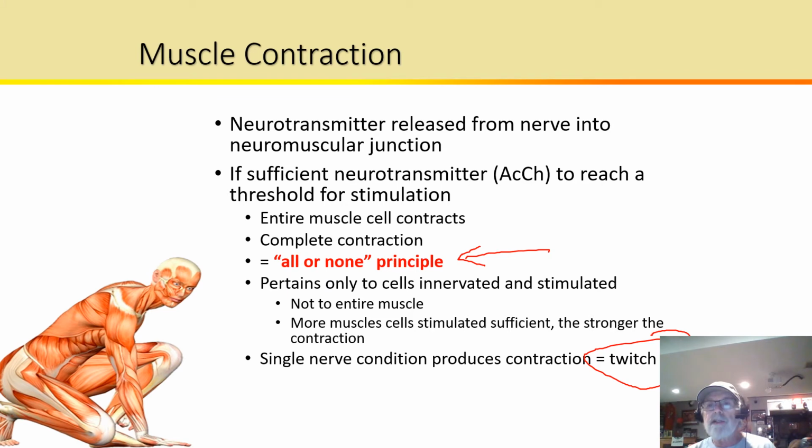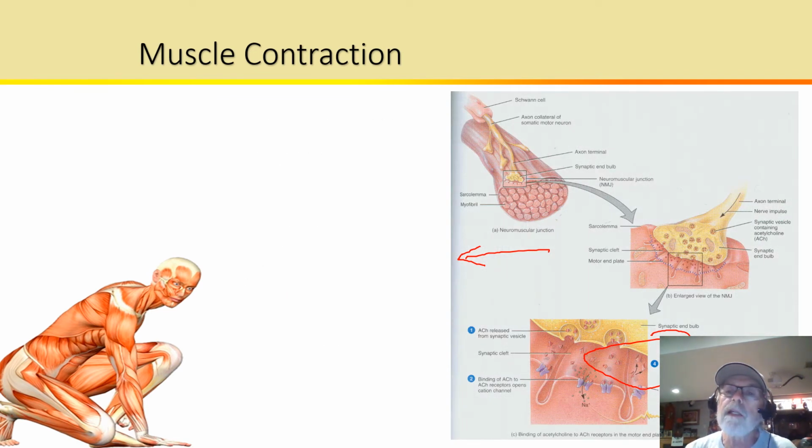So that's a little bit of a summary again of what we have in regards to muscle contraction. And this is just another view. Here's the muscle, a bundle of muscle fibers together. Here's the nerve coming. The motor end plates would be in this area.